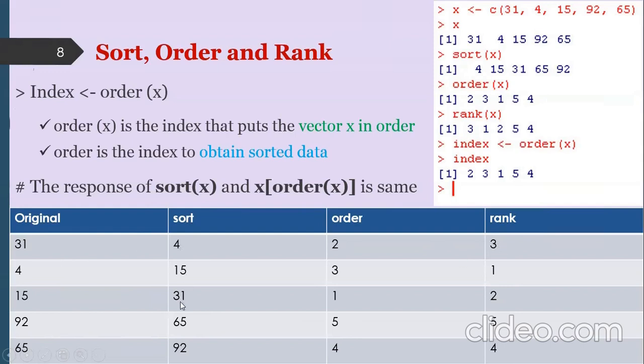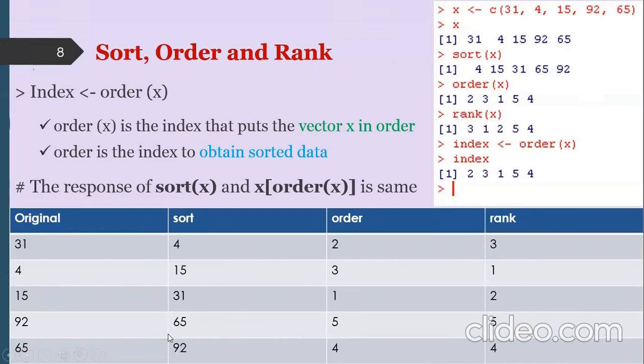In this sorted thing, when it is sorted, this one is at number 3 position, this one is at number 1 position, and 15 is at the second position here, and this 92 is at fifth position here, and this 65 is at fourth position here.